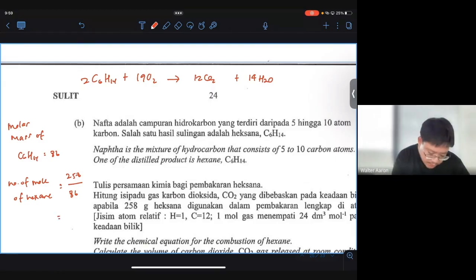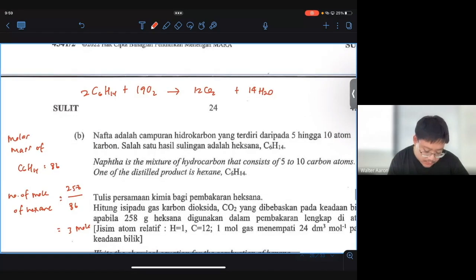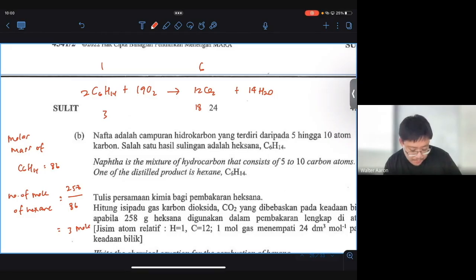So it's 3. So 3 moles of hexane is present. The ratio is 2 to 12, so I'll say 1 to 6. If it's 3, it means triple, 18 times carbon dioxide, correct? 3 moles of hexane to 18 moles of carbon dioxide.